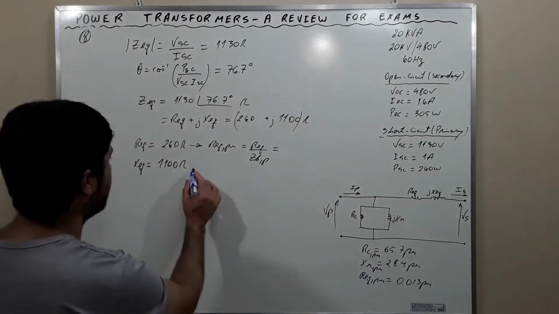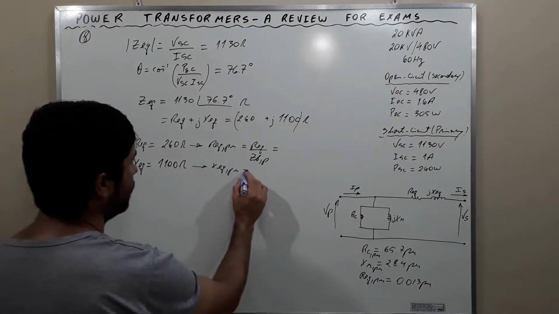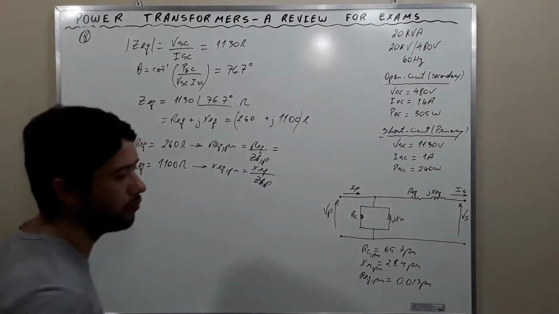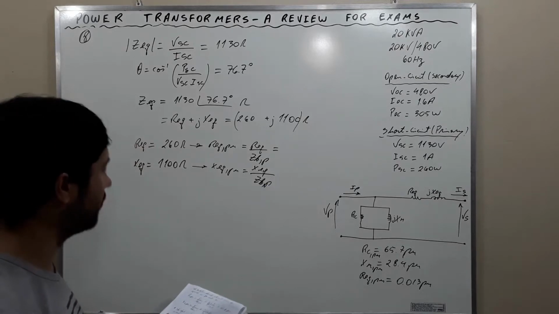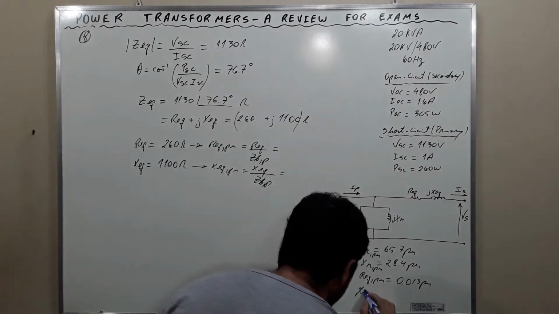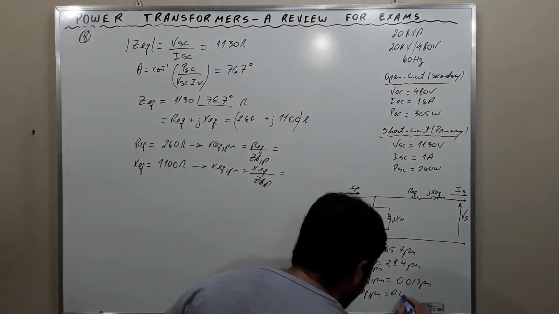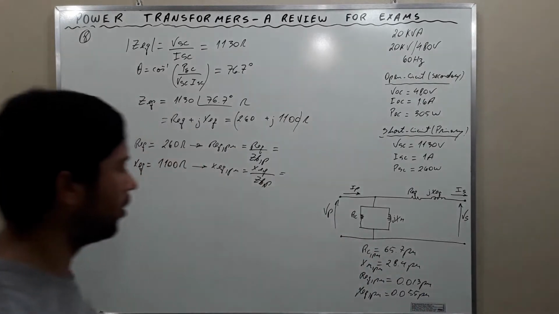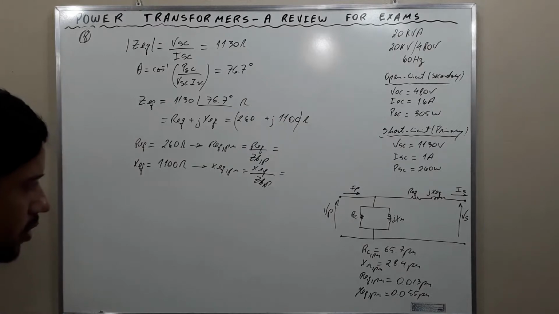The same is done for the equivalent reactance in per unit, which is the equivalent reactance divided by the base impedance referred to the primary side. Using the value of the base impedance and dividing, we find that Xeq is equal to 0.055 per unit. All right, this is what the exercise wanted us to do.